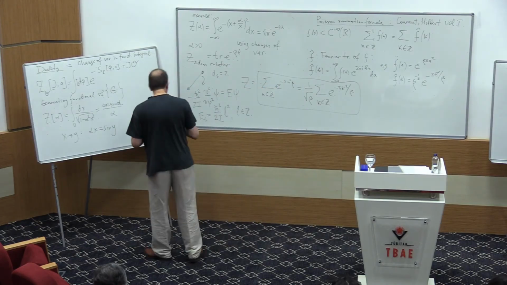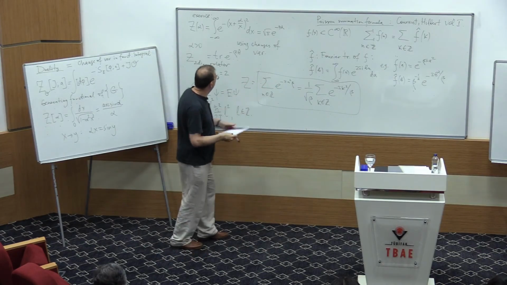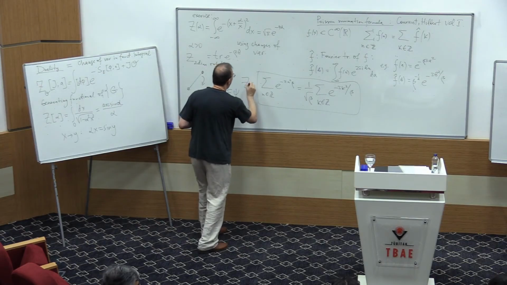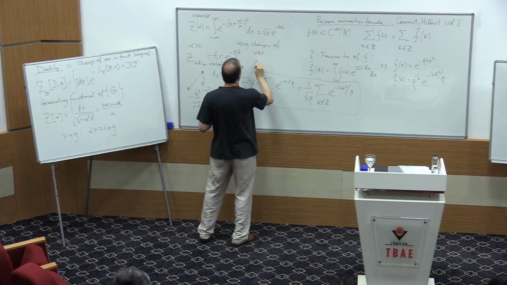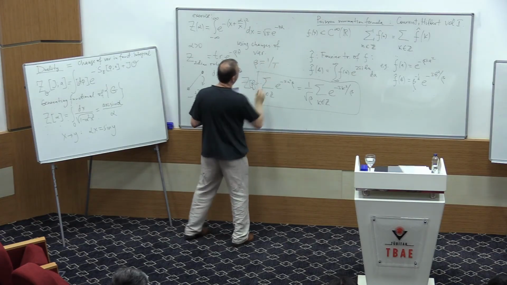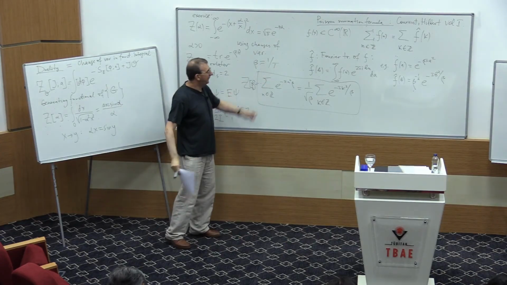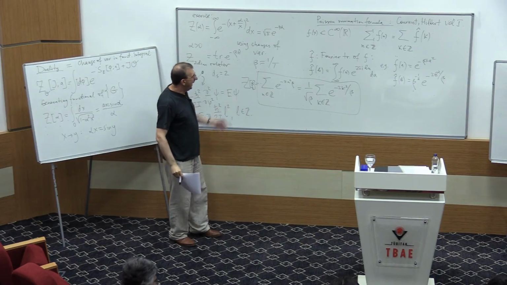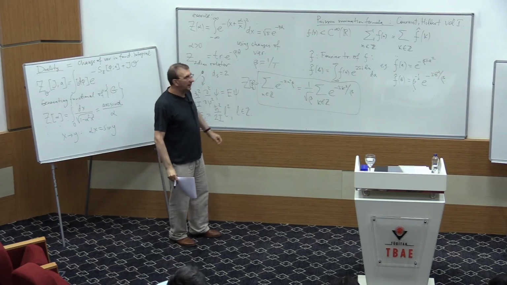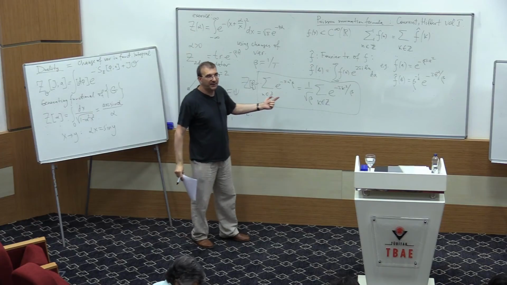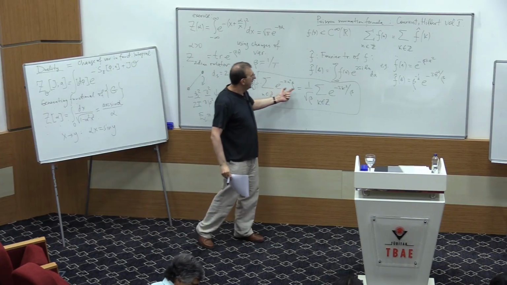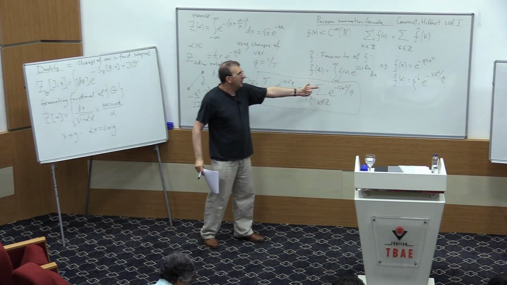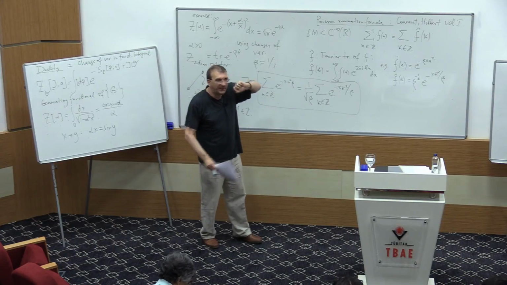Now, this is Z at beta, where beta is inverse temperature. I always use beta is 1 over T. So this is your partition function. And the Poisson summation formula allows you to rewrite this partition function in such a way that in the exponent you have 1 over beta, not beta.